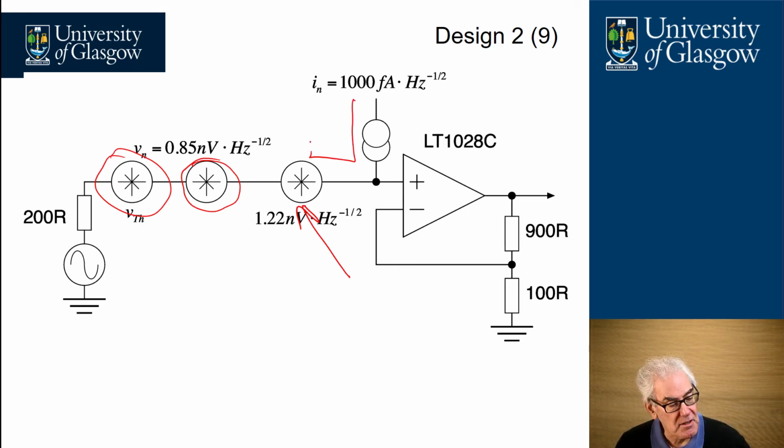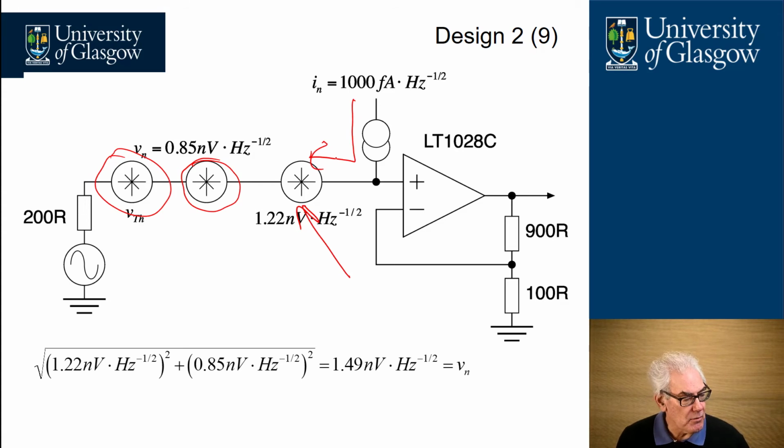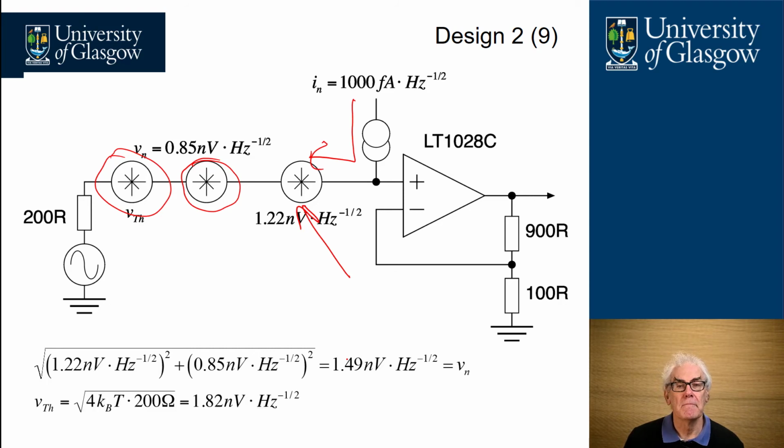And we still have to deal with our noise current flowing into the 200 ohm source impedance. Calculating out the figures here, we get 1.22 all squared plus 0.85 nanovolts all squared, which gives us approximately a 1.5 nanovolt per root hertz equivalent noise source for Vn.